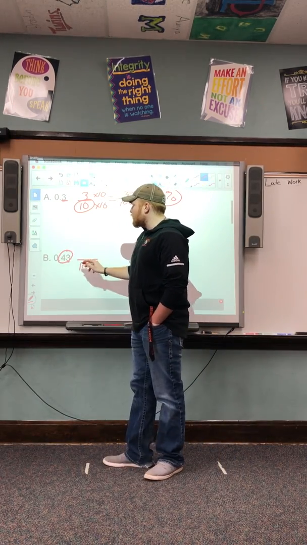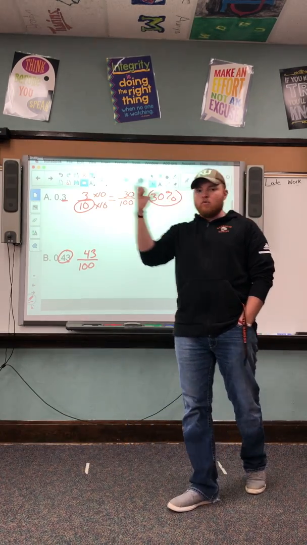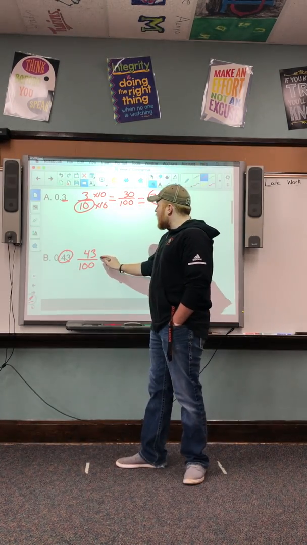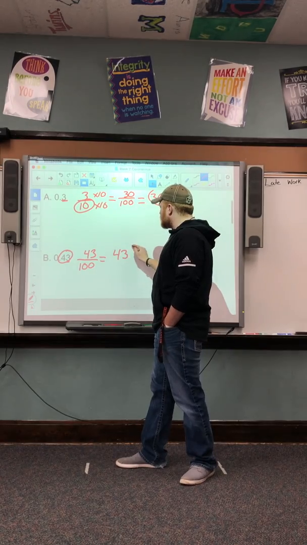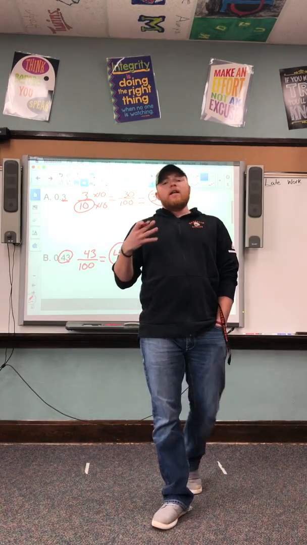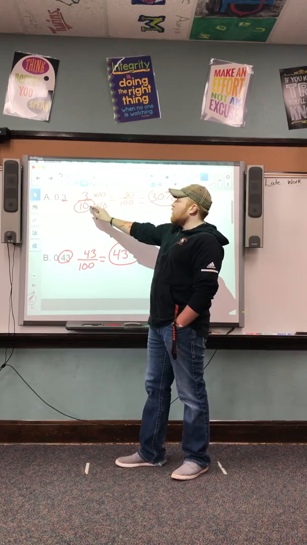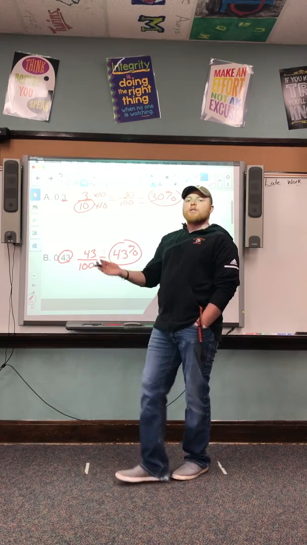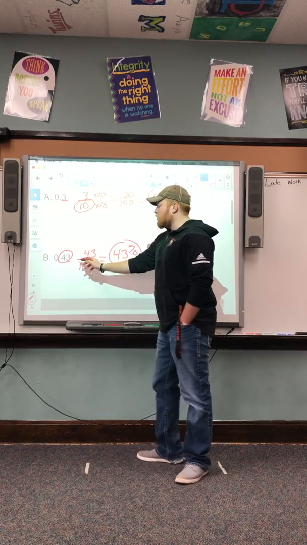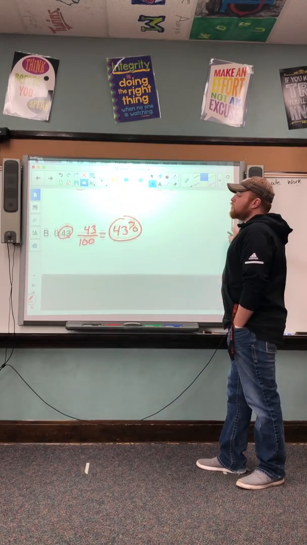So 43 is our numerator, and since it's already over 100, our answer is 43%. It's nice when you have the decimal in the hundredths place, because then you just put it over 100. It's when it's in the tenths place that you have to multiply by 10, and then you'll eventually get there. But for the most part, this is pretty easy when it's over 100. So that's using place value.